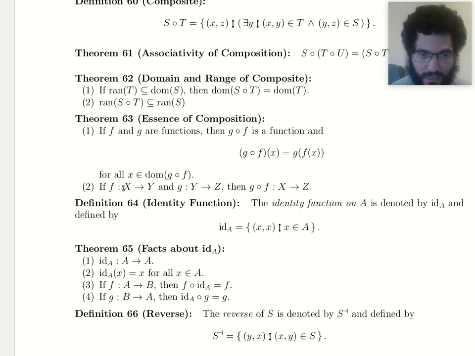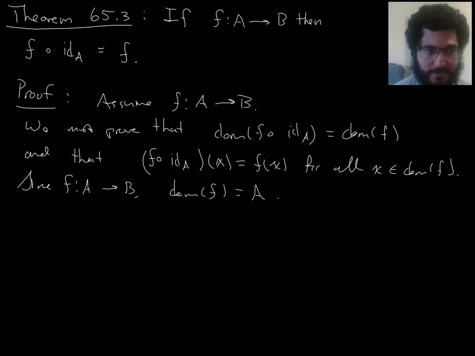So if I've got a function mapping one set to another set, and then another function mapping that codomain to yet another set, then the composite is a mapping of this type. So by theorem 63.2, let's see what conclusion we can draw.